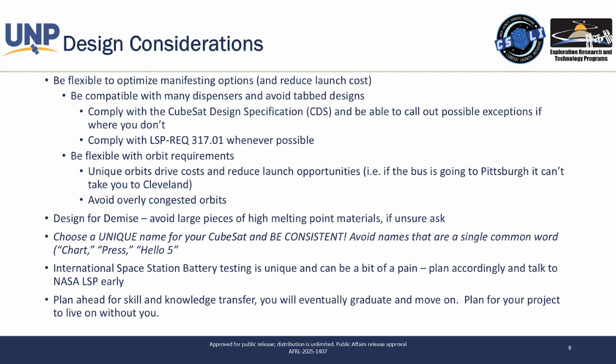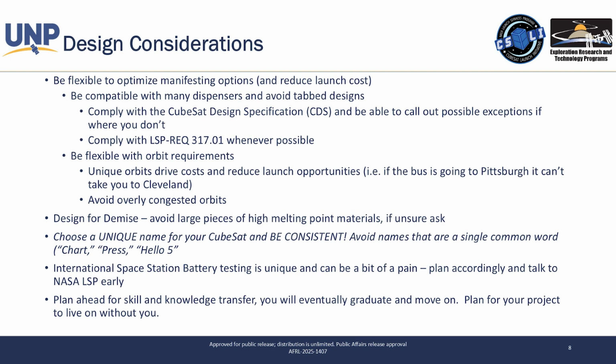Also, avoid overly congested orbits. If you guys are aware, there's a certain provider that's going to a 550 sun-sync orbit quite frequently, right? I would pretty much advise that you may not want to go there, for the simple fact that you're going to have to do a lot of coordination with NASA as well as with that corporation, SpaceX, to ensure that you have your space situational awareness and your space traffic management issues worked out so that you don't accidentally collide with the Starlink spacecraft and cause problems up there for everybody.